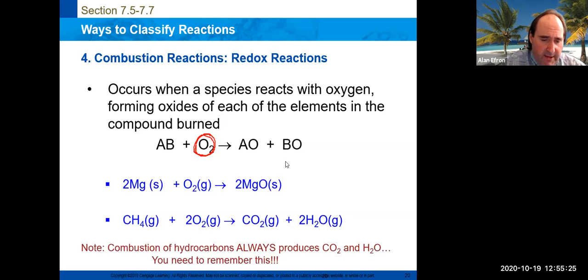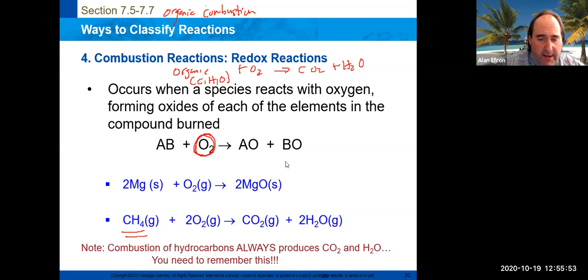Most of the time, though, people are thinking about this type of combustion reaction, which is sometimes referred to as an organic combustion reaction. An organic combustion reaction, like we see in the bottom reaction on the screen, usually involves an organic compound. That means something with carbon, hydrogens, or oxygens, plus O2 makes CO2 plus water.